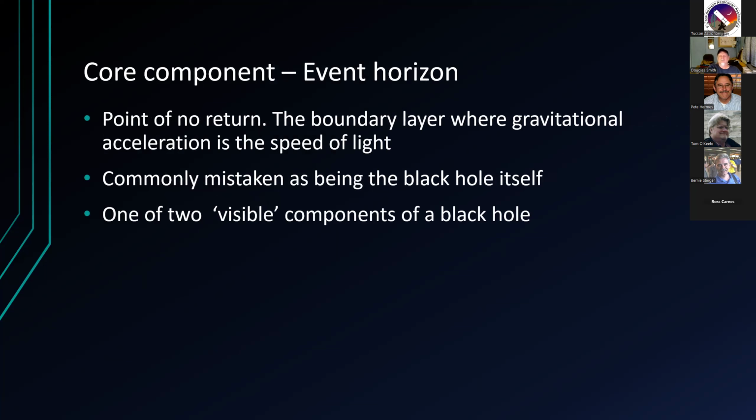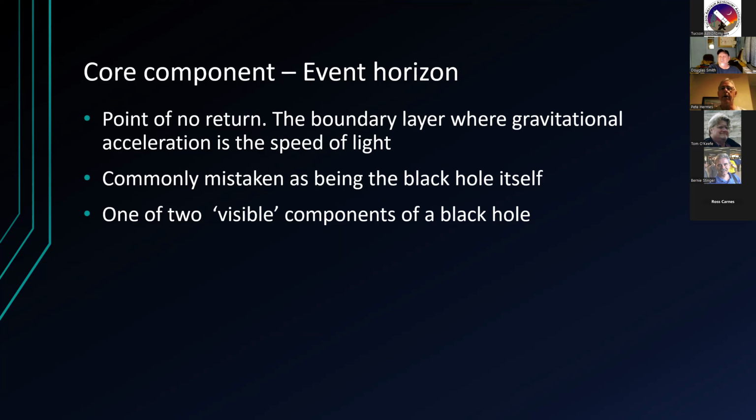The event horizon is commonly depicted as the point of no return. It's this visible boundary that you see whenever somebody shows you a picture or a graphic representation of a black hole. What you are seeing is the event horizon itself, essentially the atmosphere of the black hole, and it is the point where the gravitational acceleration around the black hole itself is at the speed of light, which turns it into this pitch black sphere.